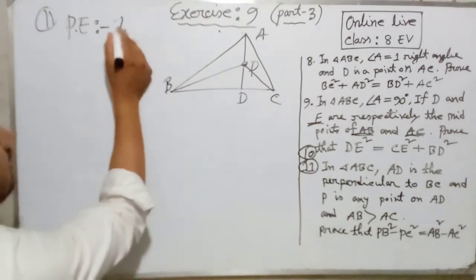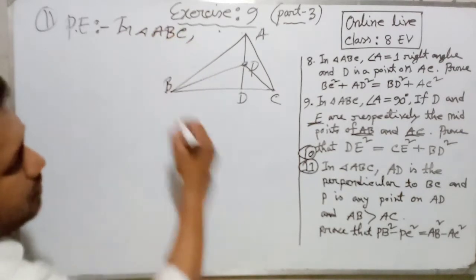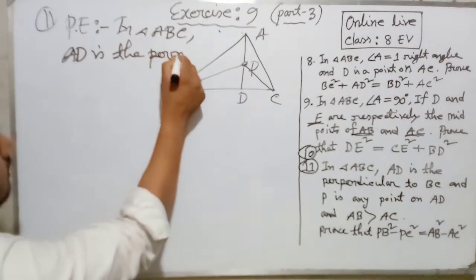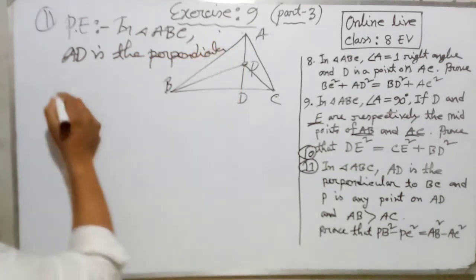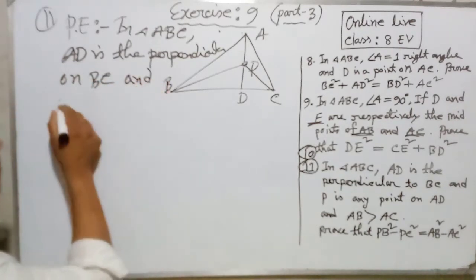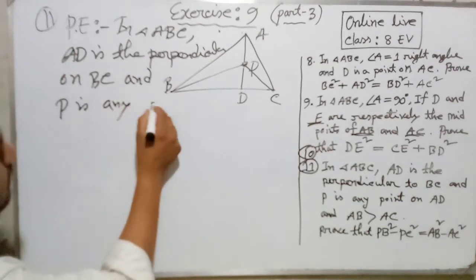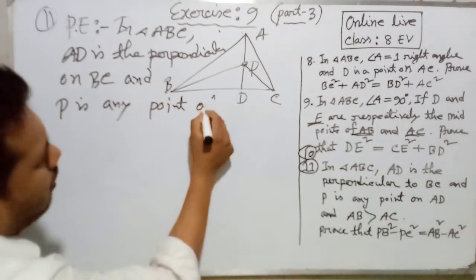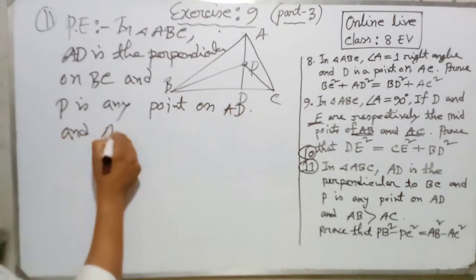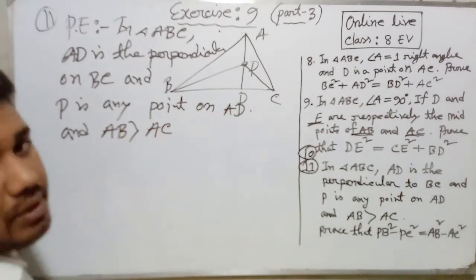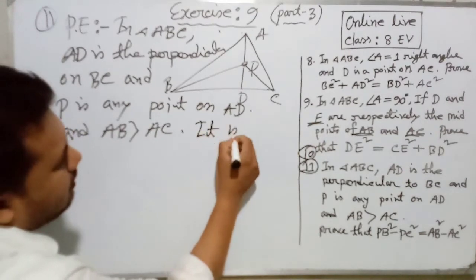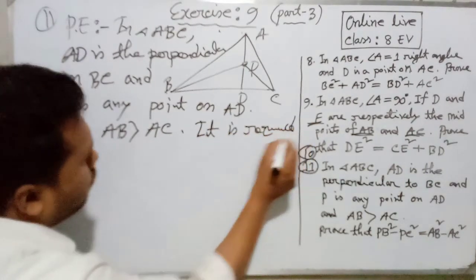We can say in triangle ABC, AD is the perpendicular on BC, and P is any point on AD, and AB greater than AC.